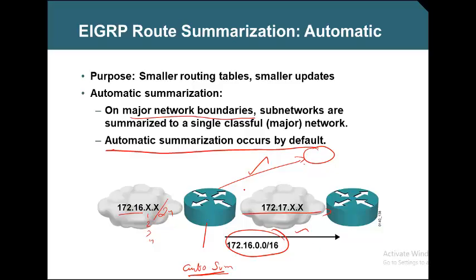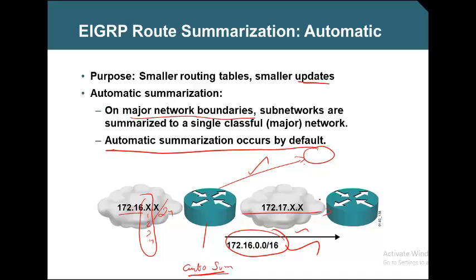Advantages: when you summarize and send, you may have like 255 subnets in the third octet, 1, 2, 3, 4 up to 255, but how many you send is just one update. Summarization reduces the update size. The smaller the update, the less CPU and bandwidth utilized.